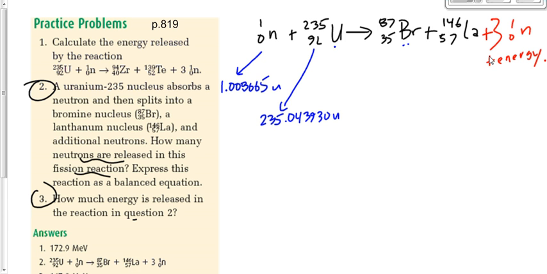We'll go with the green ones here. Bromine-87 is going to be how many atomic mass units there? Thank you. And La-146.